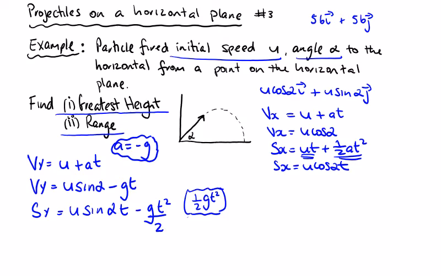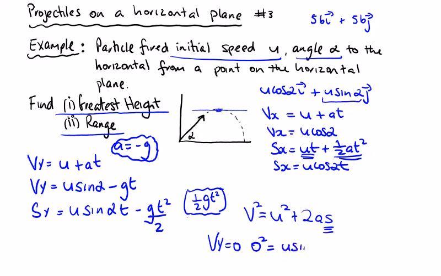And we're asked to find the greatest height. So we know that the velocity of y is equal to 0 at this greatest height. So if we apply that to height, we're looking for the displacement s. So v squared is equal to u squared plus 2as. This s will give me the height. So when the velocity of y is equal to 0, at this point here, the greatest height, we can say that 0 squared, or just 0 if you want, is equal to the initial velocity, which is this u sine alpha.